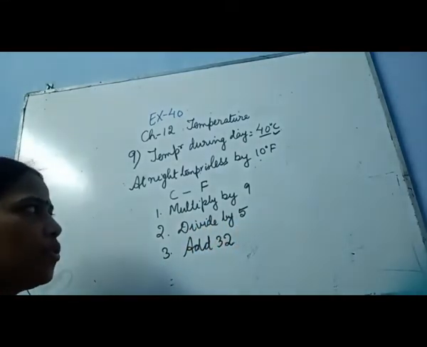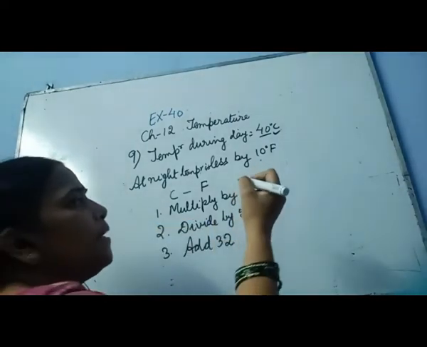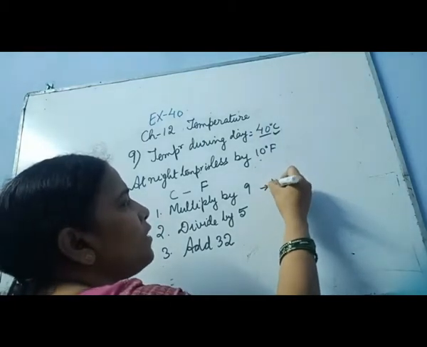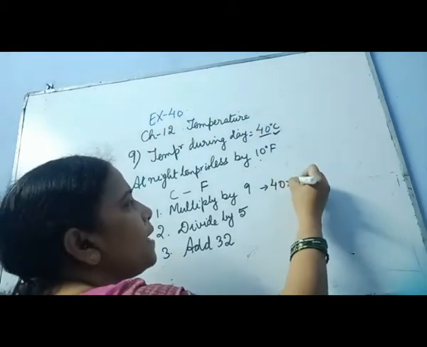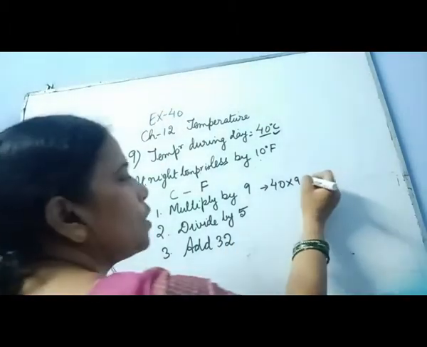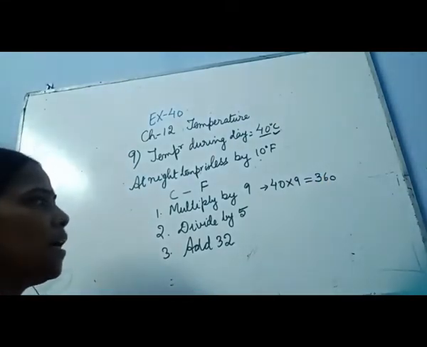So this 40 degrees Celsius we have to multiply by 9. What are we going to get? We will get 360. Understood?